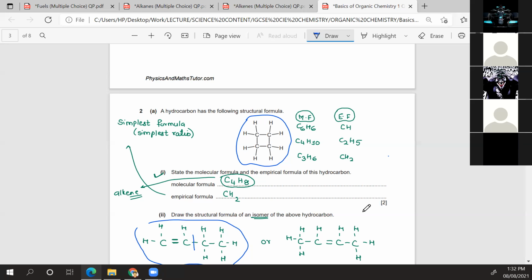In some schools in year 10, alkenes and fuels might also have been done, so they might start with polymers, carboxylic acids, alcohols. That is the extended part. But if you know the base, then it will be easier for you to do the extended part, that's carboxylic acids, alcohols, and polymers.